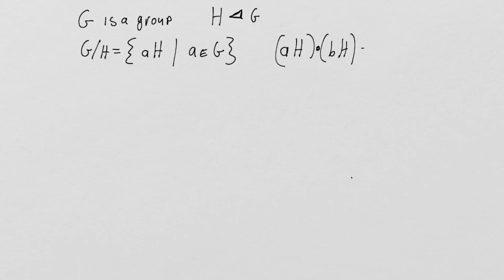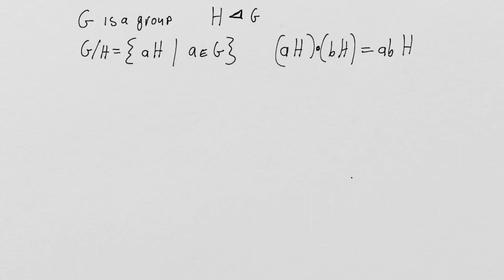And that is going to equal AB times H, where now A and B are two elements of the group G, so that multiplication is done using the group G's operation, and whatever element that turns out to be, it has a coset, and that coset is given by ABH. And that's basically what we went through in our demonstration earlier.